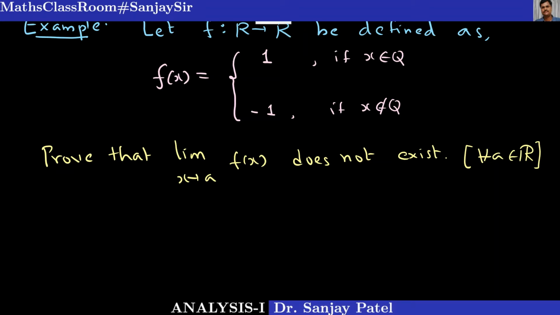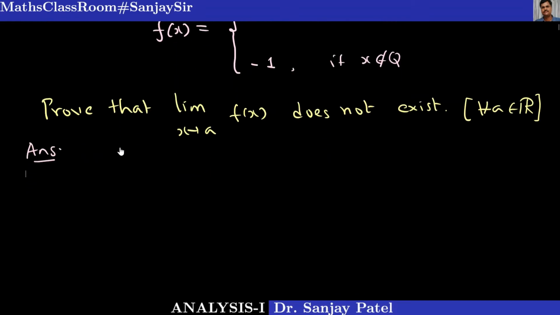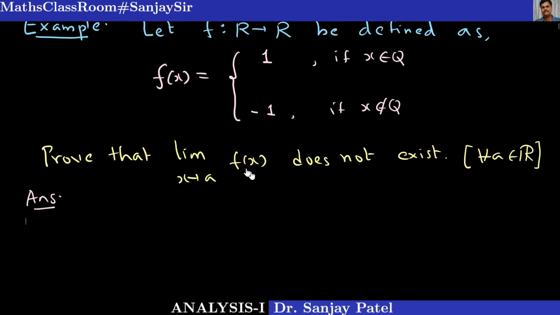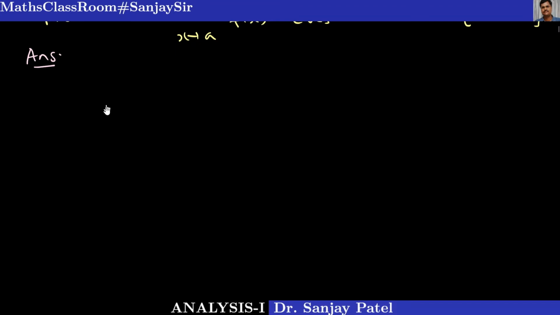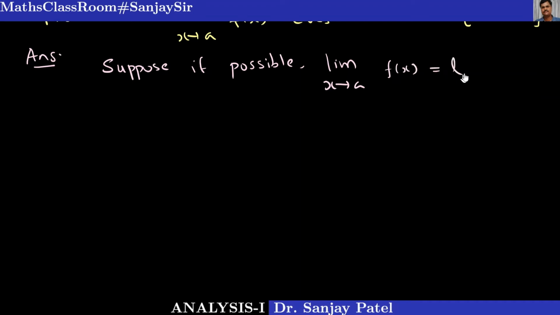Let us prove this. I'll prove this by contradiction. Suppose, if possible, the limit x tends to a, f of x is equal to L exists.